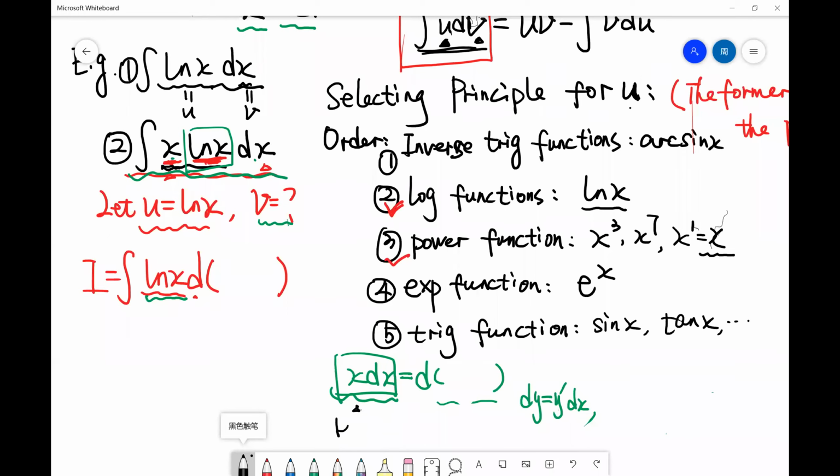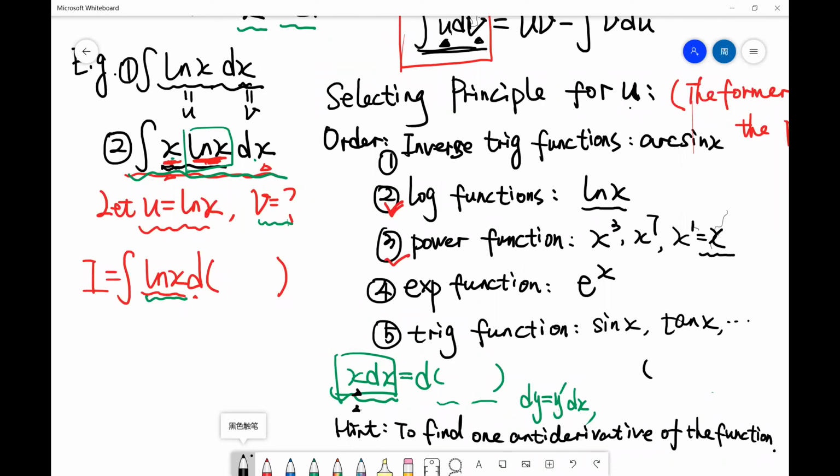Find the hint here, that is to find one antiderivative of the function. Here the function is x. So we just find one antiderivative of x. So we know which prime equals x.